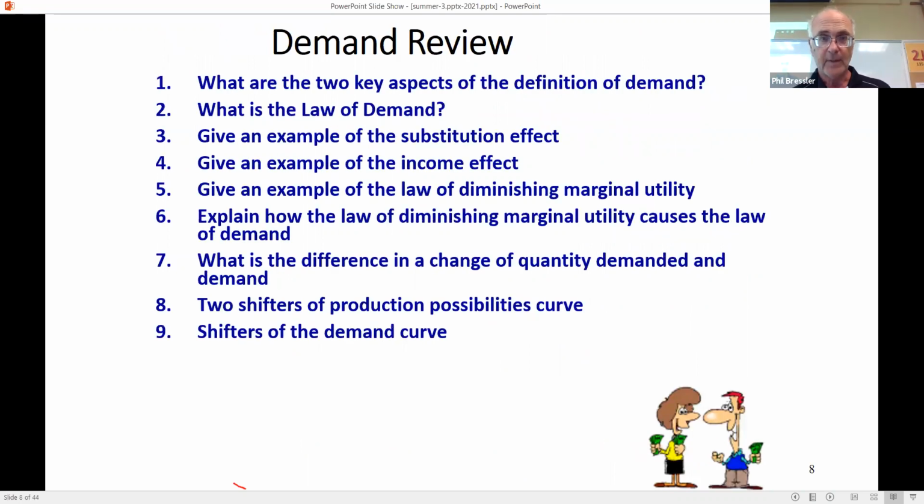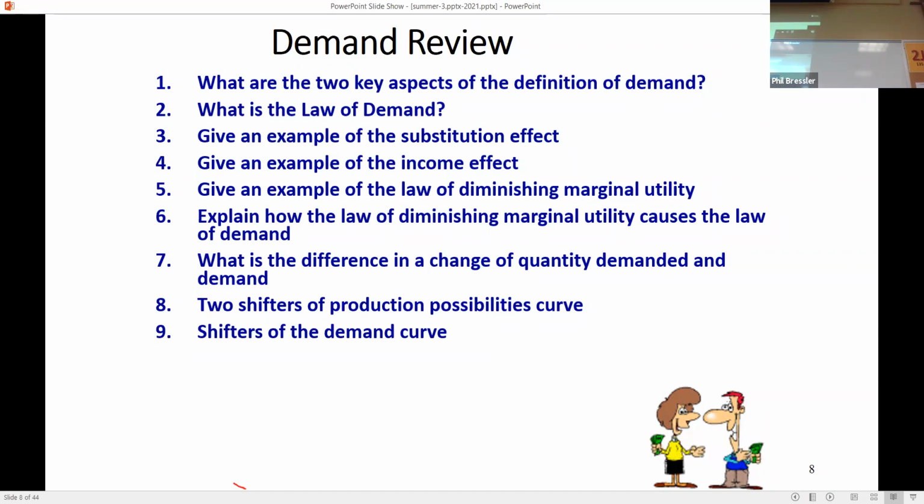All right. Substitution effect. Price of Pepsi goes up, people buy Coke. So the substitution effect just means the price of a product goes up, people will buy the other alternative.